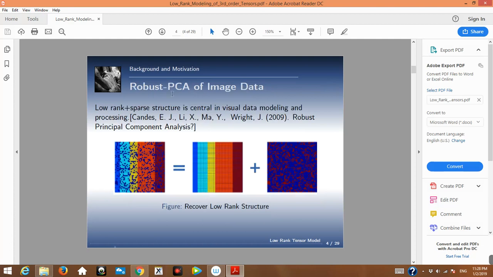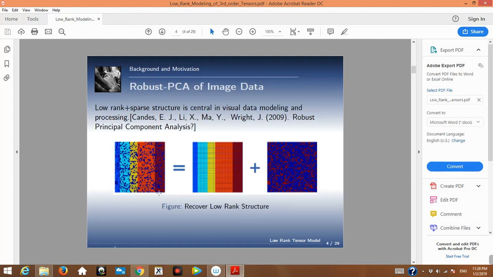Robust principal component analysis of image data was introduced by Candès, Ma, Yi and Wright. This is a very useful technique to recover the low-rank structure of an image.